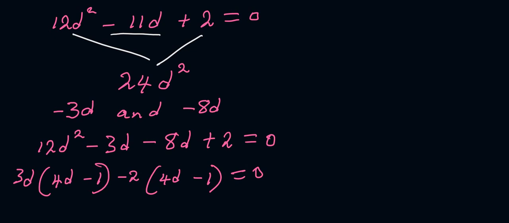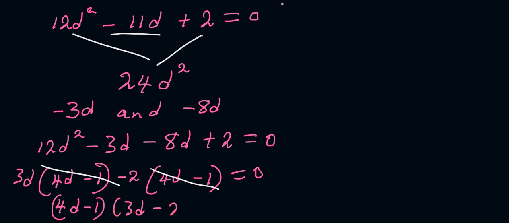So now we can write it out, 4d minus 1, and by the time we cancel that from here, we are now left with 3d minus 2 equal 0.